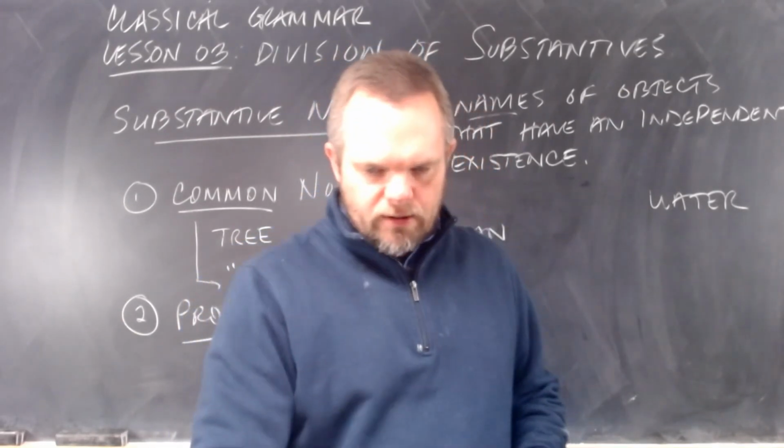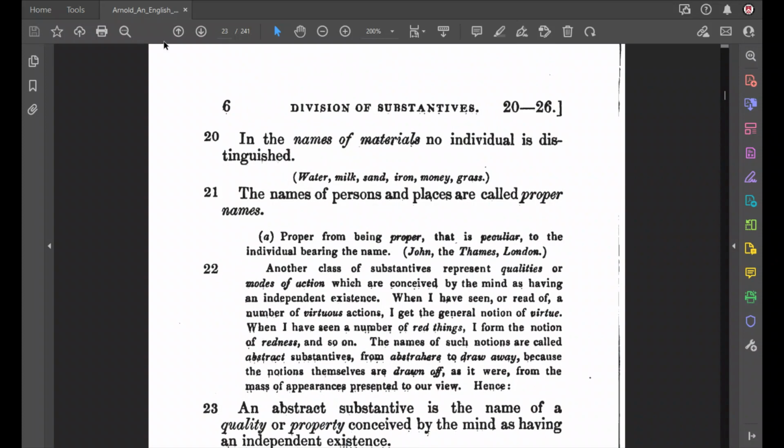On to paragraph 22. Another class of substantives represent qualities or modes of action which are conceived by the mind as having an independent existence. Qualities or modes of action conceived by the mind as having an independent existence.